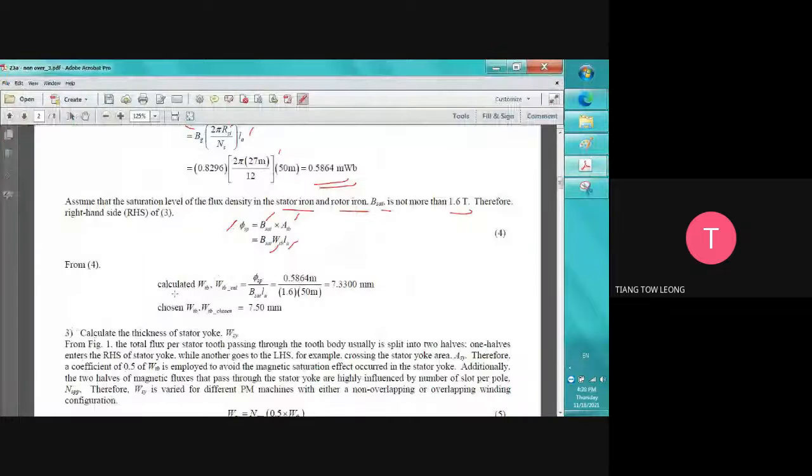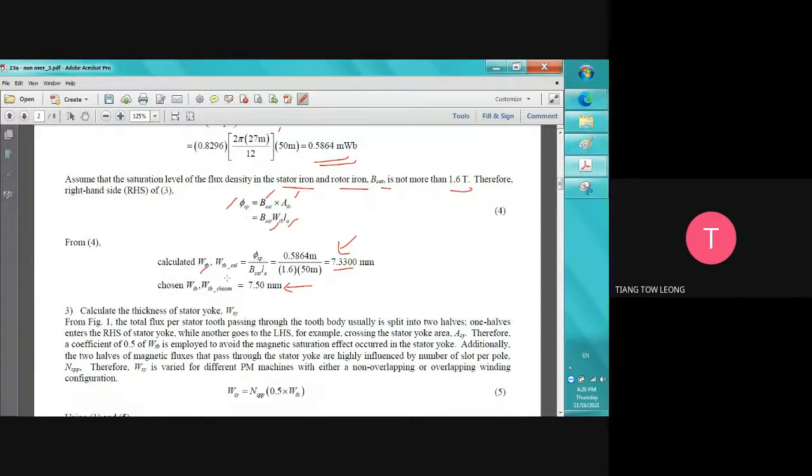So we calculate WTB and we found it is 7.33. So class, remember, we will choose the nearest 0.5 which is more than that. So 7.33, we will choose 7.50. So this is the tooth body chosen.